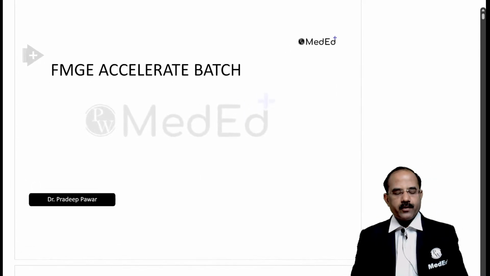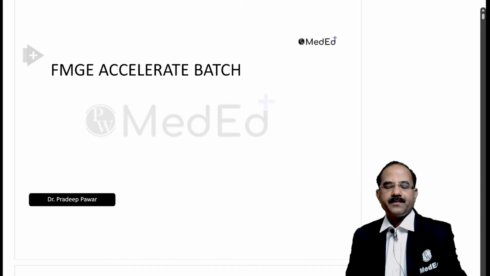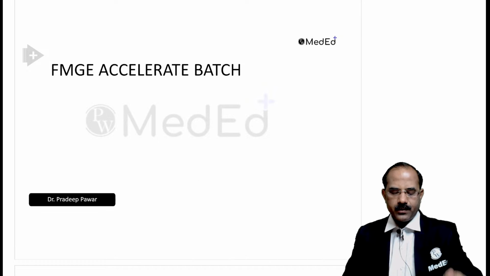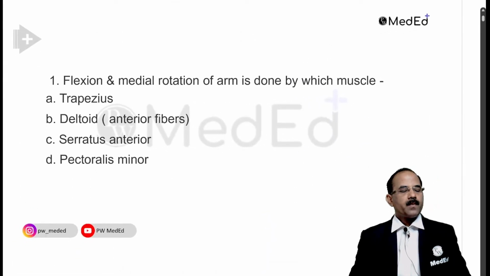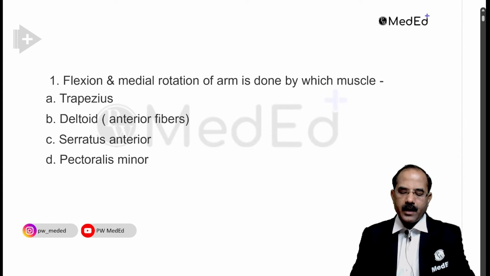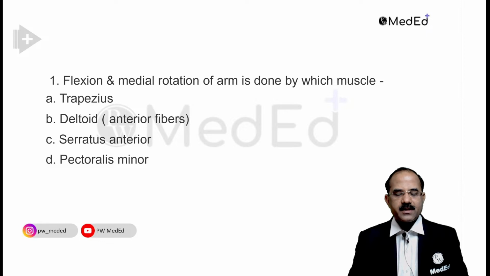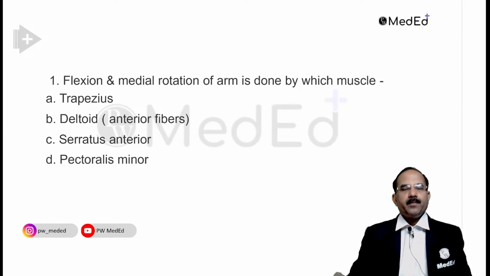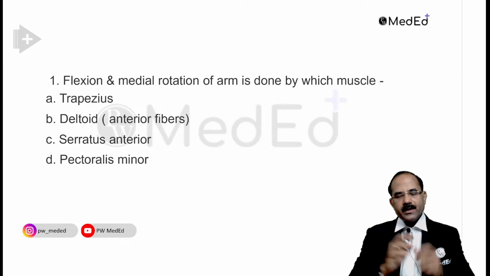Okay, let us begin with the first MCQ. Have a look. Flexion and medial rotation of the arm is done by which of the following muscles? Students, come on, answer this. Be interactive, so let us discuss things.